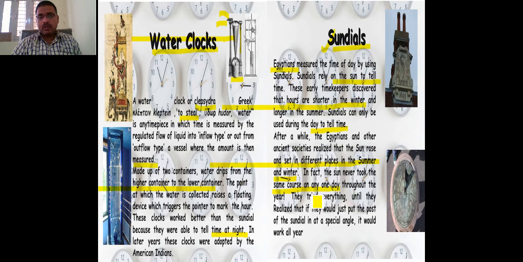They tried everything until they realized that if they could just put the post of the sundial at a special angle, it would work for all year.